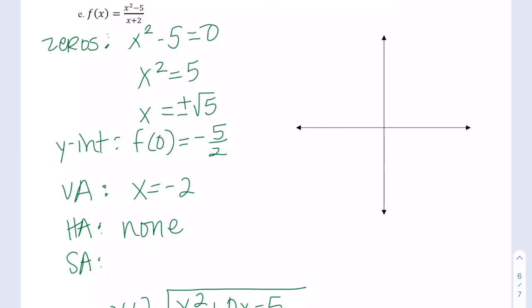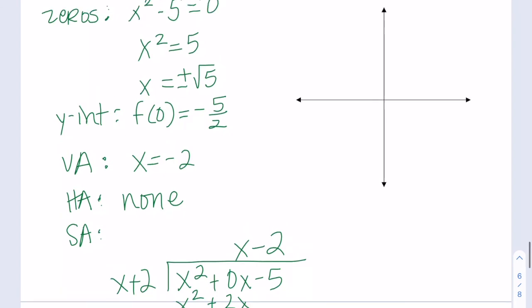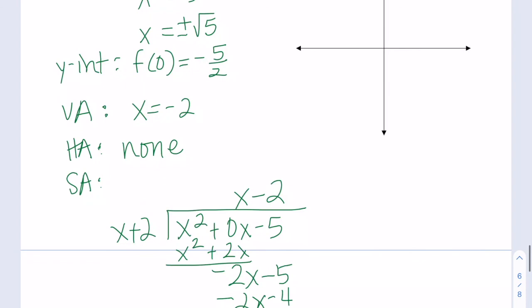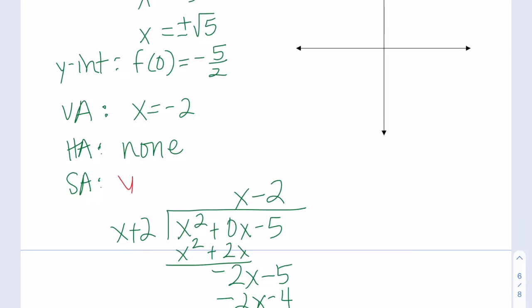So we can see right away, well, that'll be an x. And this is negative 2x. And we're going to have to multiply this by negative 2 to get to negative 2x. So there's our equation. And remember, the remainder is irrelevant here. But the remainder would be negative 1. So the equation for our slant asymptote is y equals x minus 2.